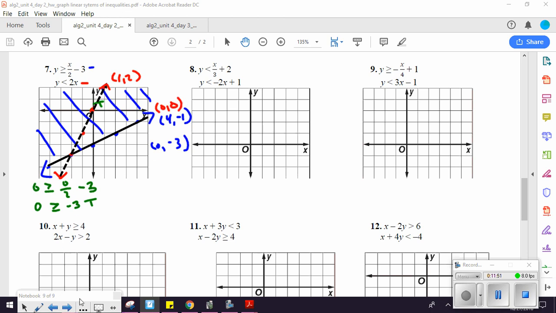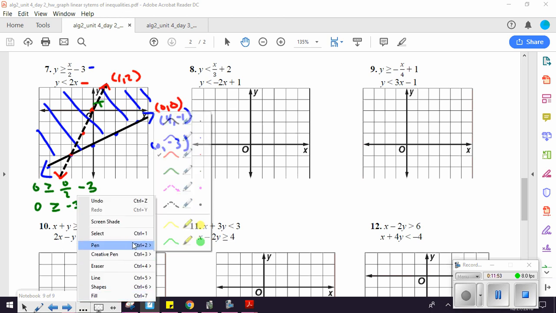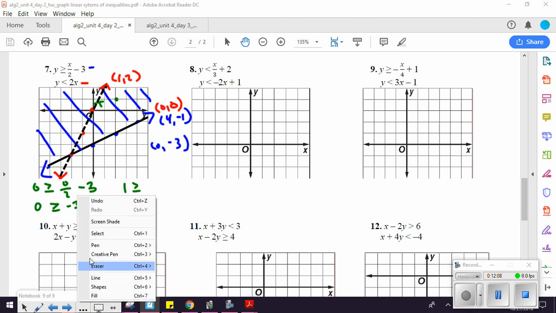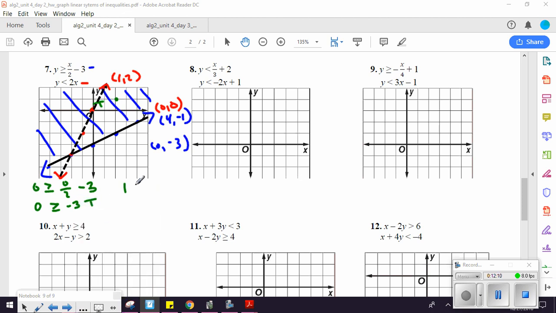So I have to find some other test point to use for the second inequality, as long as it's not on the line. So let's use (2, 1). So put 1 for y and 2 for x. So I would have 1 is less than or equal to 4, which is true.